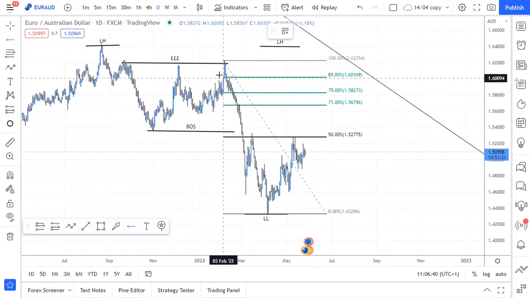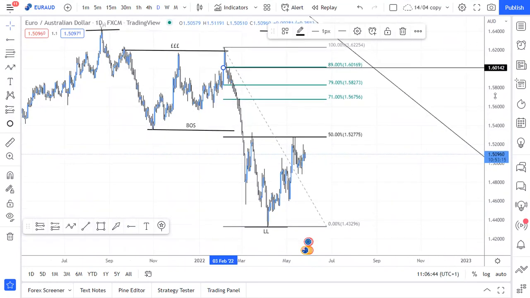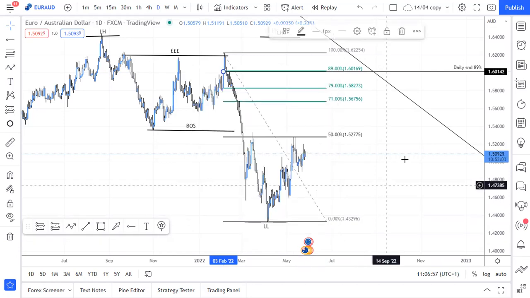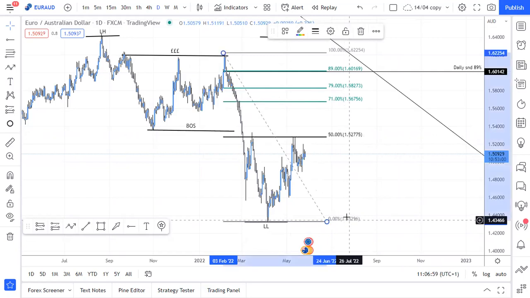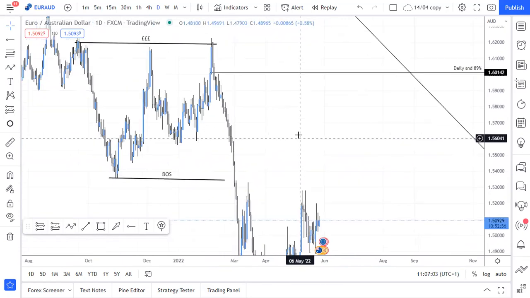This was our last up move before our down move. So this is our daily S&D and our 89%. We can delete this. What else have we got in here?